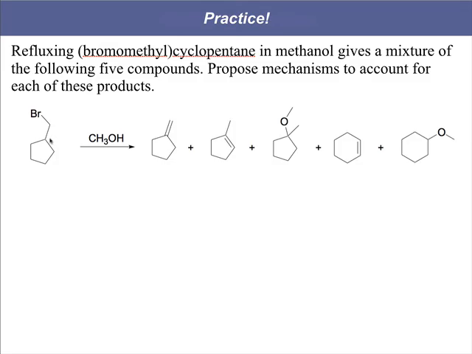Also notice that we are starting with a 5-membered ring, and in 2 of these products, we end up with a 6-membered ring. If you're observant again, you're thinking, okay, there must be a ring shift going on. And if there's a ring shift going on, that means that it would be a first order mechanism. The double bond must involve an E1, and the substitution must involve an SN1.